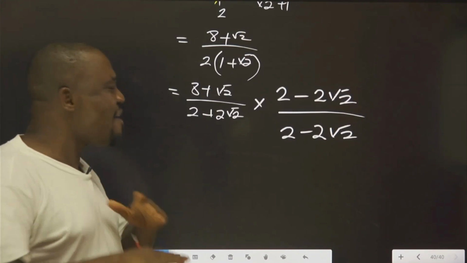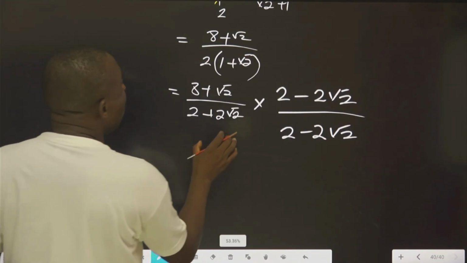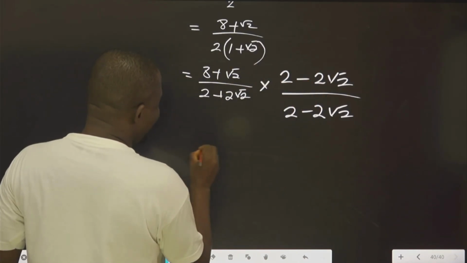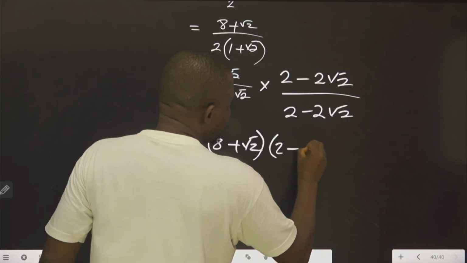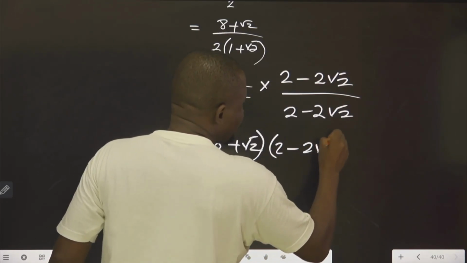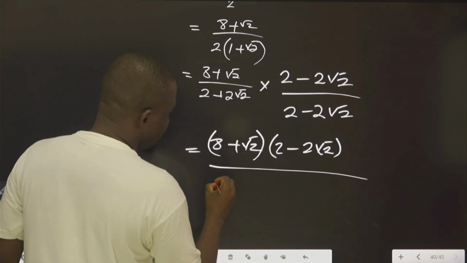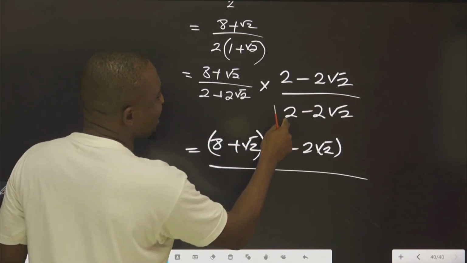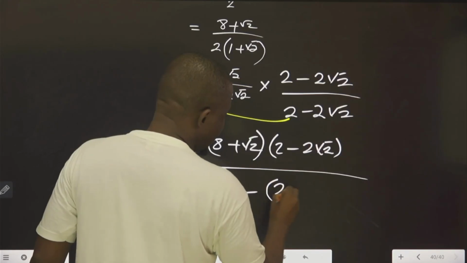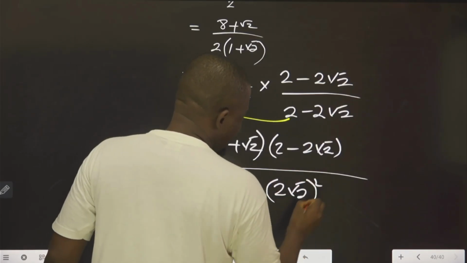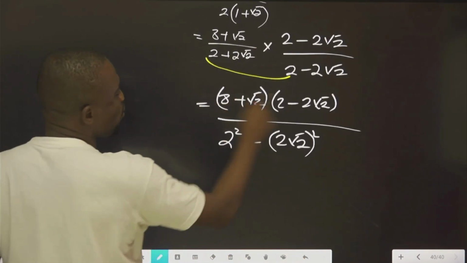We learn everything. Okay? Now, we multiply this to have 8 plus square root of 2, 2 minus 2 square root of 2 over. Instead of wasting your time here, just take one of this, square it. Okay? Then you expand this.